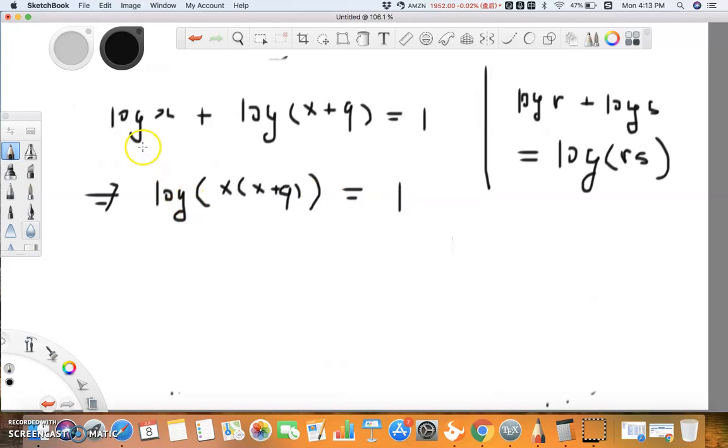Now, we mentioned that for the common logarithm, the base is 10. So next, on the right-hand side, we rewrite the 1 as a common logarithm. That's going to be log 10.